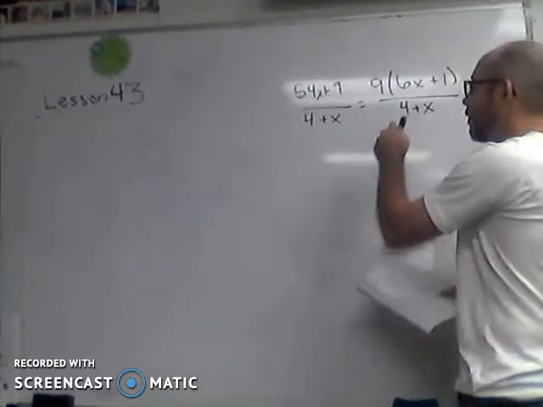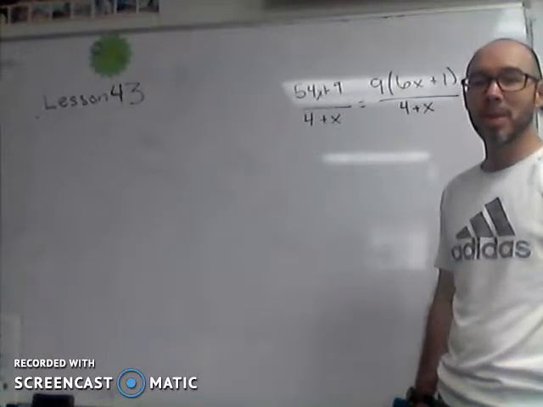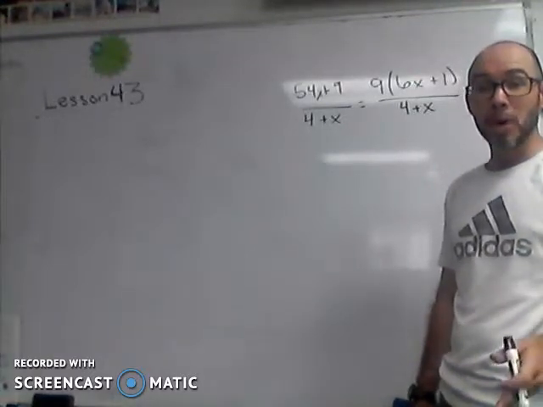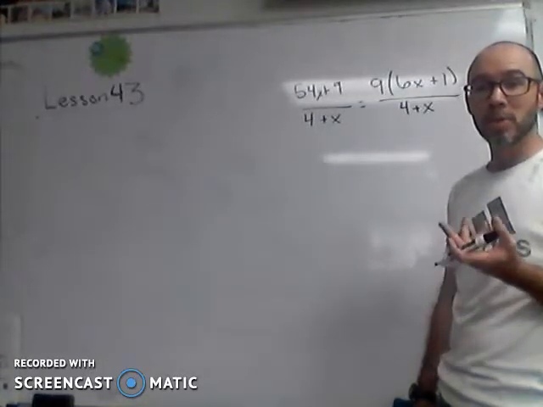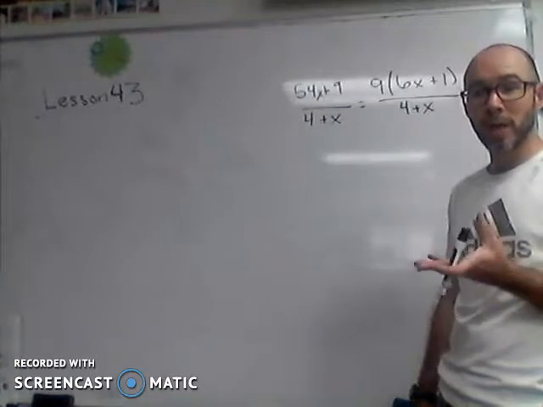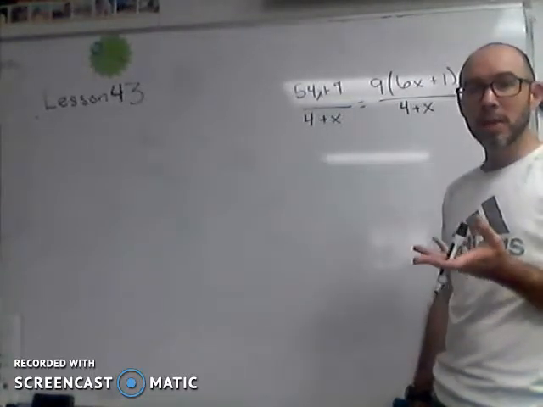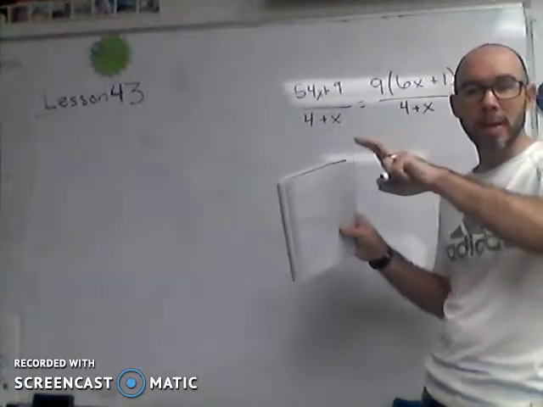So we can just take that 4 plus x and evaluate that and see what x would have to be for the denominator to equal 0. 4 and negative 4 would equal 0, so negative 4 would be an excluded value, or we'd say when x is negative 4, then this expression is undefined.